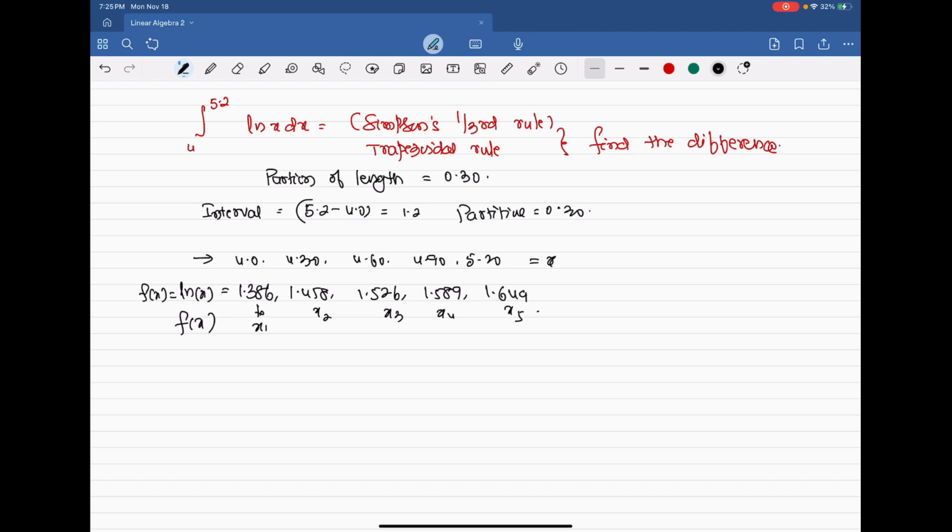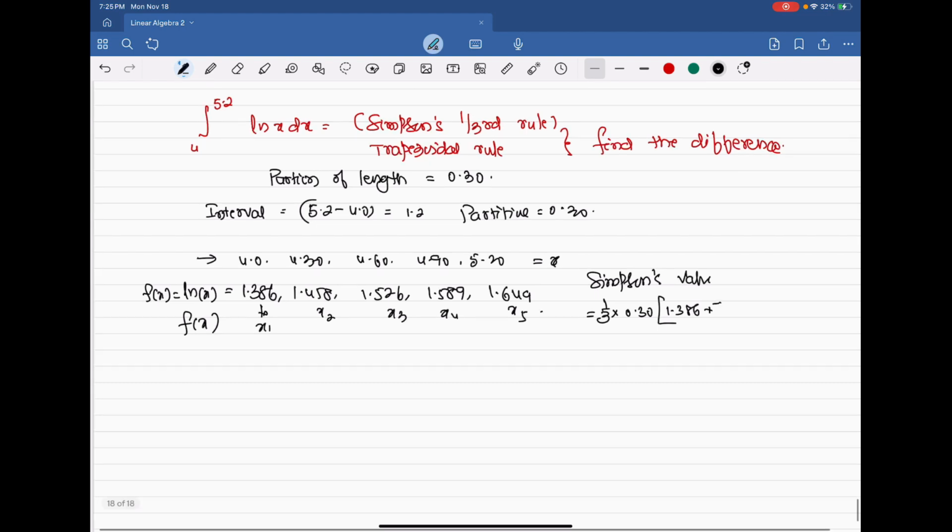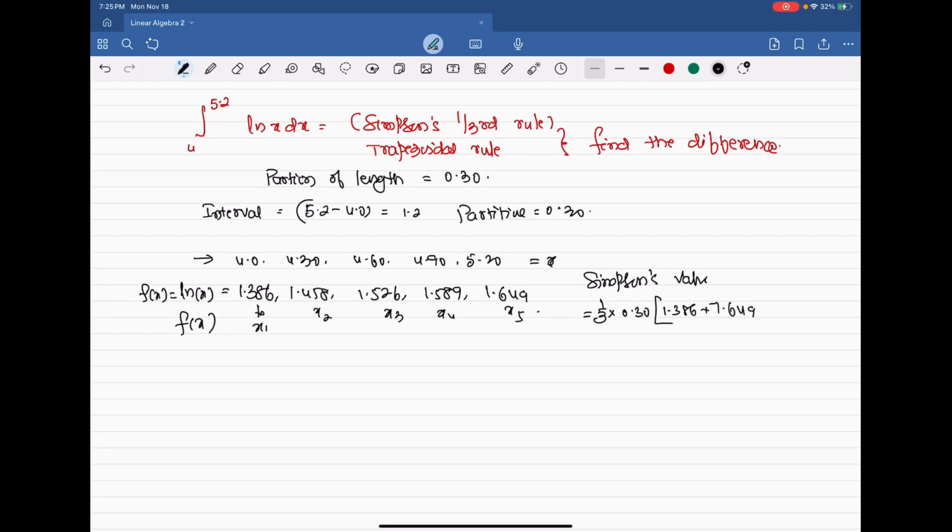Now what does Simpson's rule say? Simpson's value is 1/3 into h. What is h? 0.3. First plus last, what is first? x1 is 1.386, plus last is 1.649, plus 4 into even.